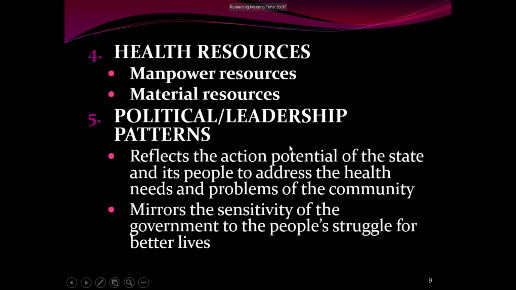So here you also have to find out the situation of leadership and leadership patterns, and then we have to estimate the intervention program for this problem in the community. Read first and then you can understand.